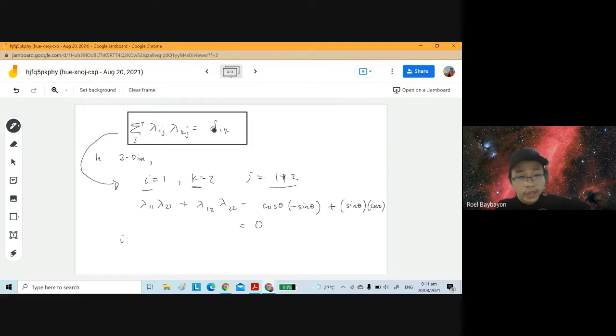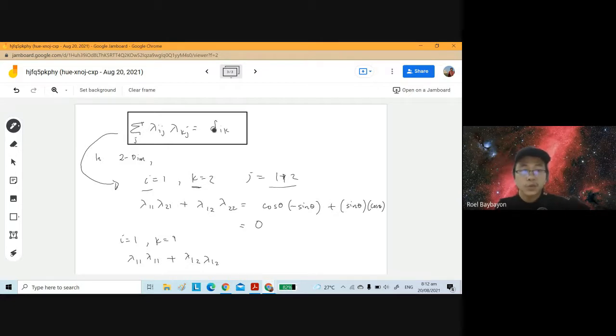Now, when i is equal to 1, also k is equal to 1, what will happen is we have the summation lambda 1 1, lambda 1 1 plus lambda 1 2, lambda 1 2.